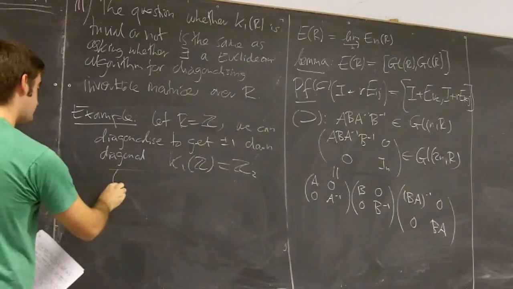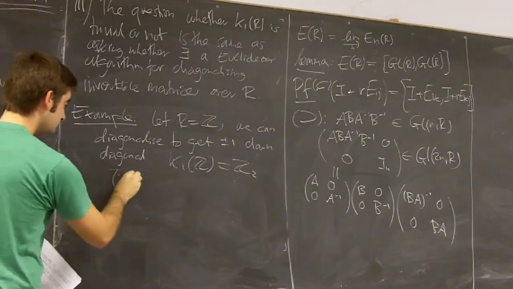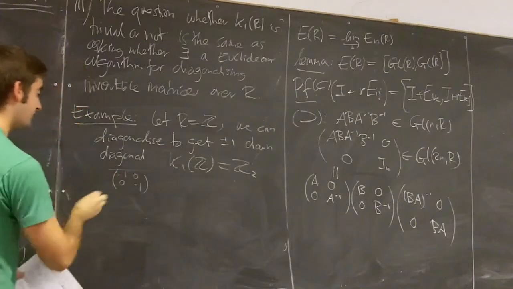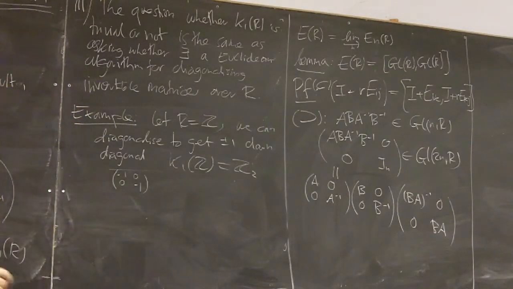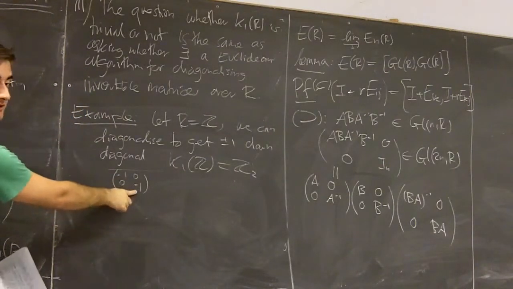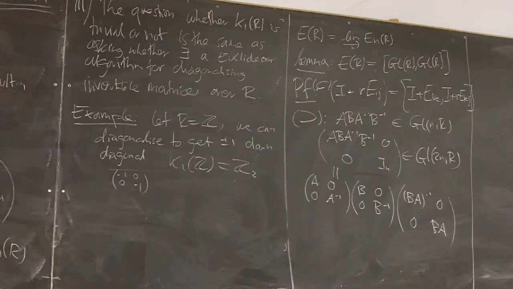Well, if we know that this matrix is trivial because we've got -1 and -1 inverse here, and we saw that this is trivial in K1.